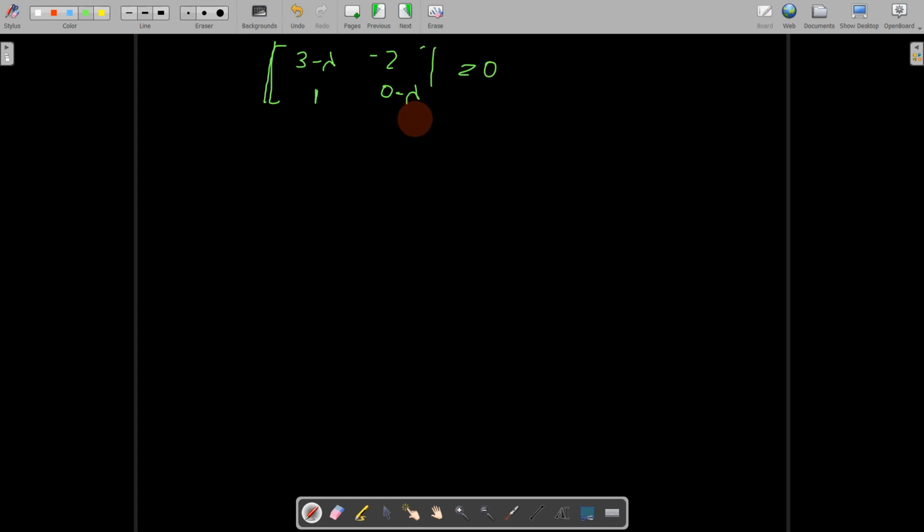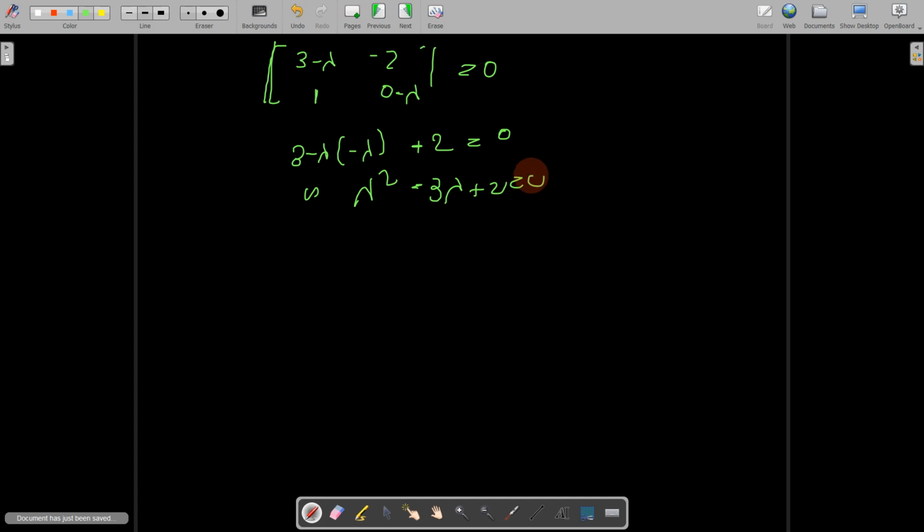I explained the intuition in the previous part, you can check out there. So this becomes (3 minus lambda) times (minus lambda) minus (-2)(1), so that becomes plus 2. The equation becomes lambda squared minus 3 lambda plus 2, and this has to be equal to 0.